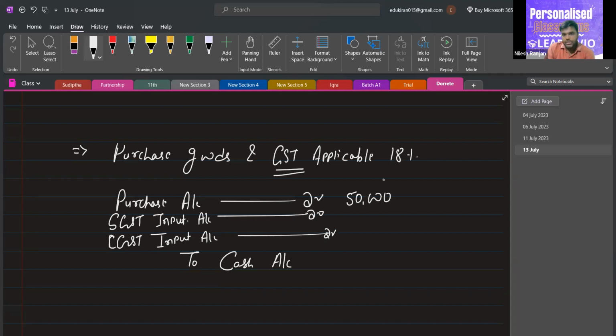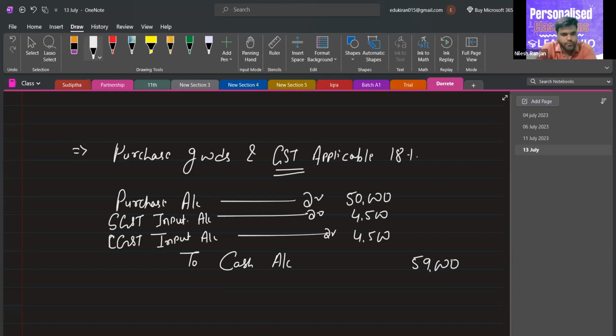Now it is 18%, so 9% will be SGST and 9% will be CGST. So 4,500 and 4,500. Total amount will be 59,000. Is this clear?